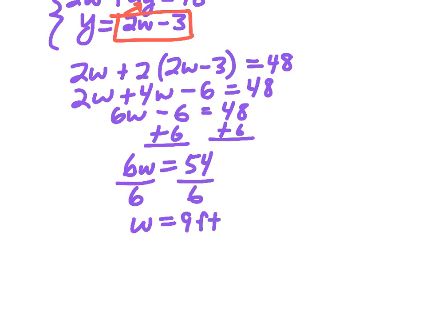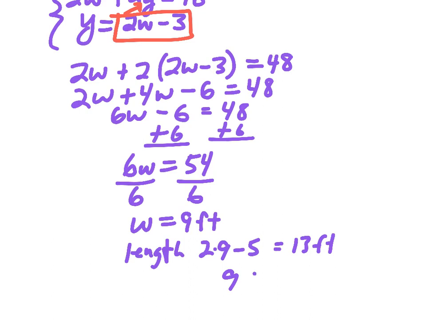And then I know that the length is equal to 2 times 9 minus 3, so that's 18 minus 3, which is 15. So it's a 9 feet by 15 feet rectangle.